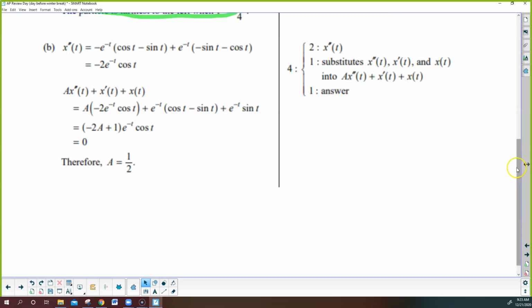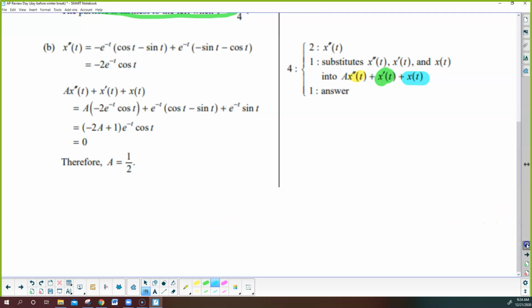All right, so our job is to basically show that a times the second derivative plus the first derivative plus the original function, and let's actually use different colors here. There we go. So we have to show that those are equal to 0.